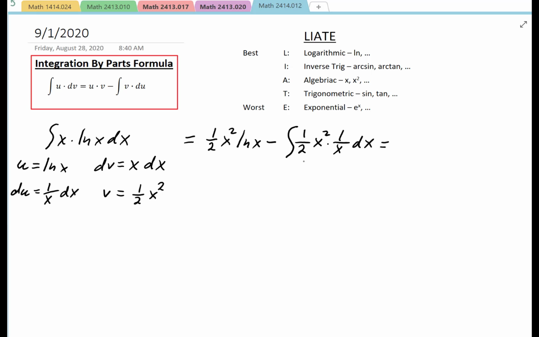And we can simplify this integrand here. We can pull that 1/2 out of the integral. And x squared times 1 over x is just x. And the antiderivative of x, of course, is 1/2 x squared.